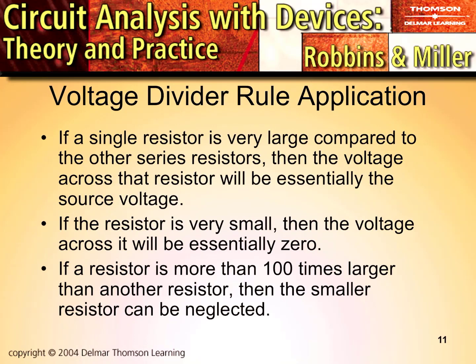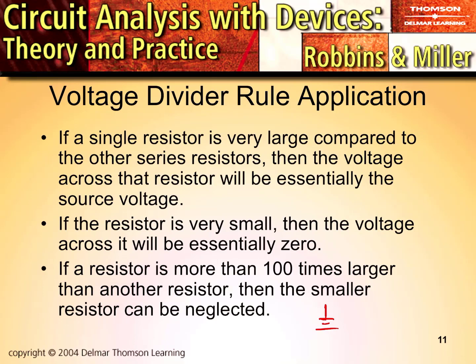So, yeah, this voltage divider rule application means we actually don't need to have a value of current in order to predict what voltage drops will be. Let me just give you an example.